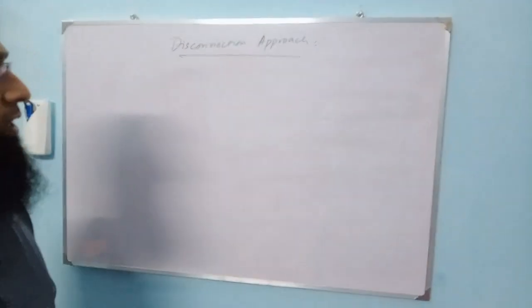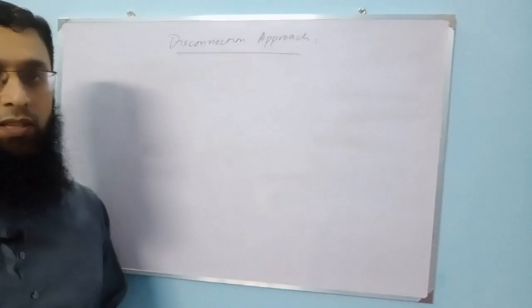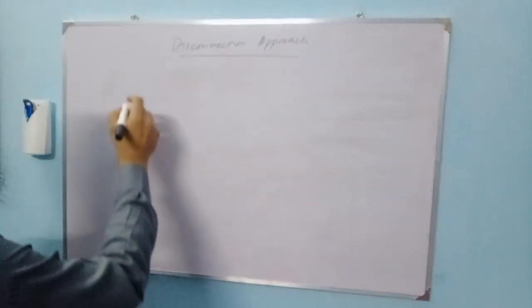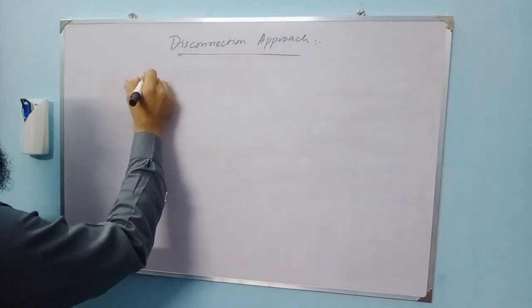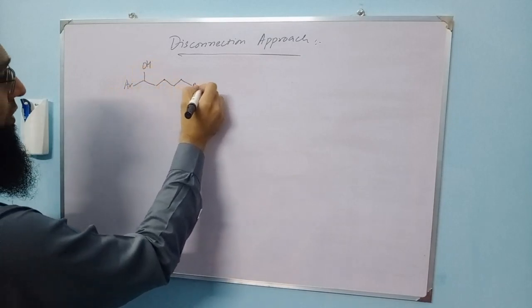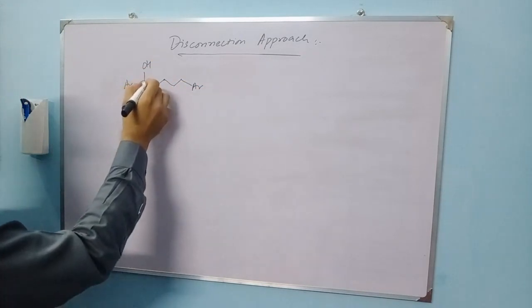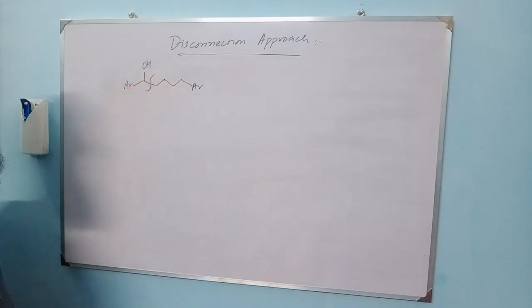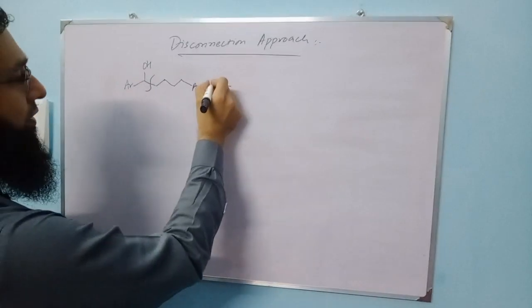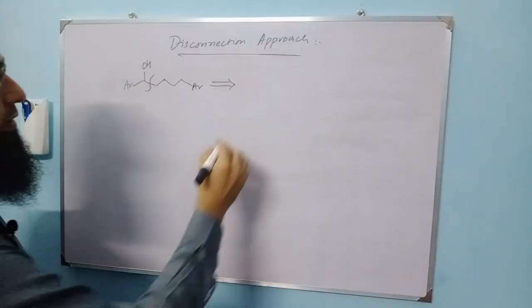Now, the terms which we have used in this subject, we will explain using a suitable example. For example, first the molecule is this one, and we disconnect from here and use this retrosynthetic arrow.